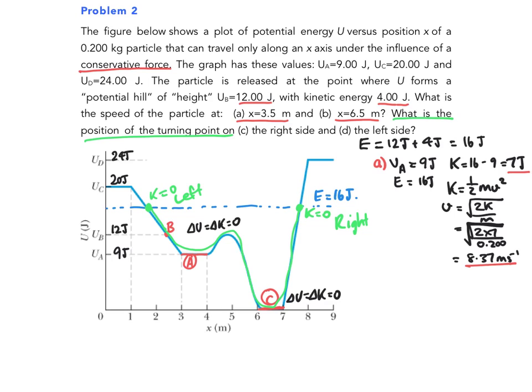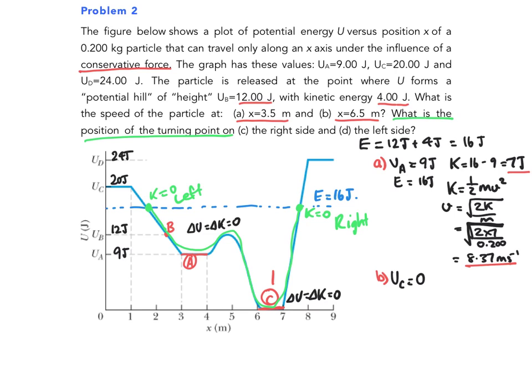If we do that again for region C, which is question B, asking for x equals 6.5 meters, in this region here, we can calculate that as well. UC equals 0.